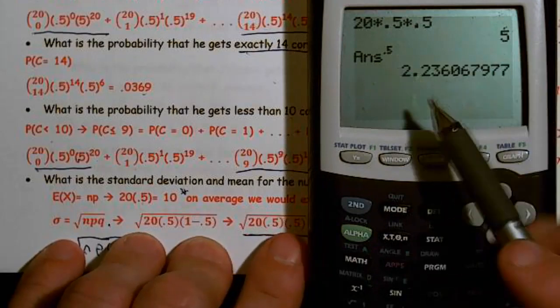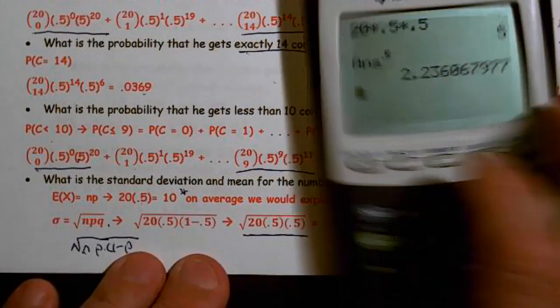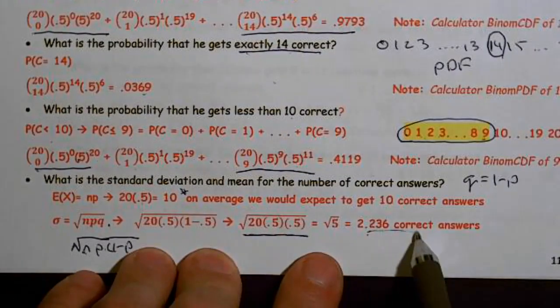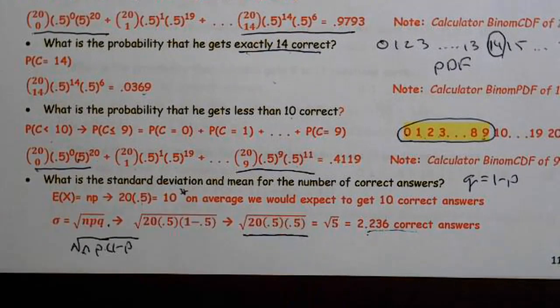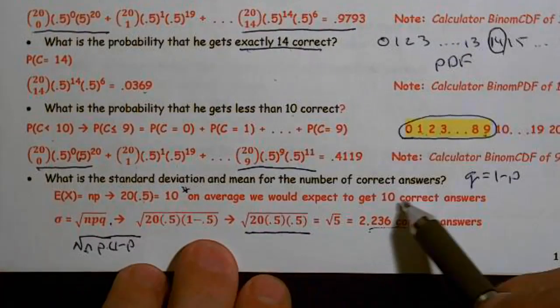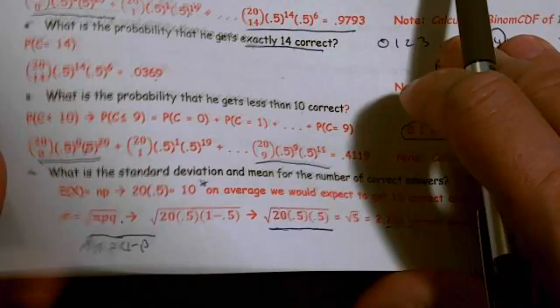So I go ahead and do the calculation and then raise it to the half power, which is taking the square root of it. And I find that I have 2.236 correct answers. So this would be my expected standard deviation. So here's my mean, or my expected number of correct answers, and this is my standard deviation.